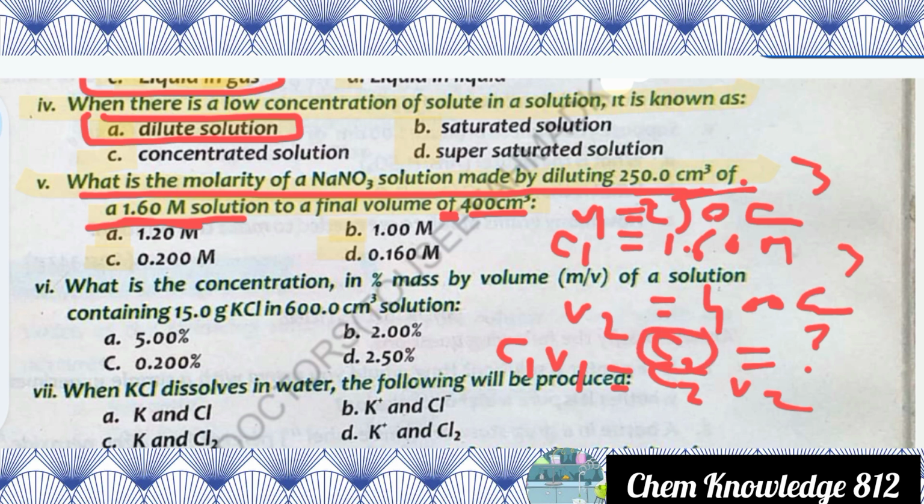In this case, we are going to determine the concentration C2. So C2 will be equal to C1 V1 divided by V2.